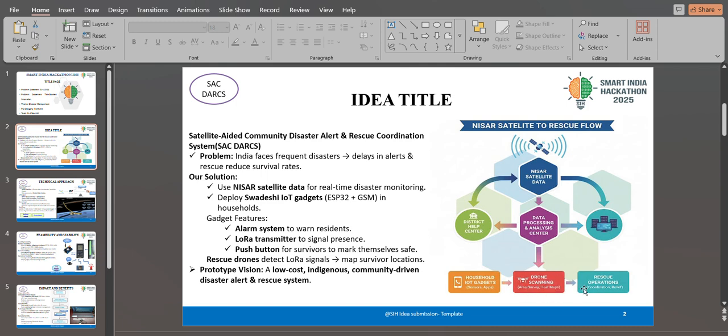This data is very helpful for them to plan efficiently and reduce time in deploying their rescue operation to save the victims.